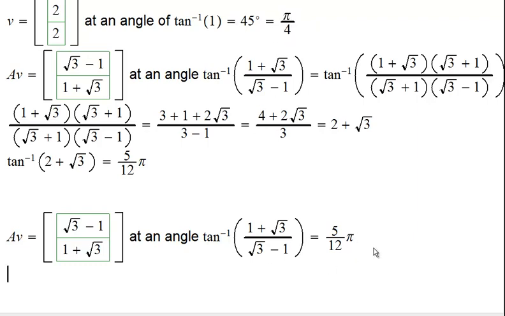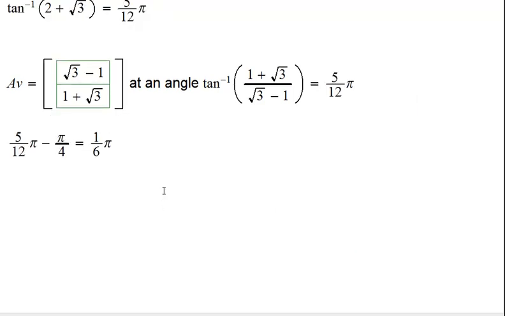Alright, so what happens? The difference of the angles is simply 30 degrees.